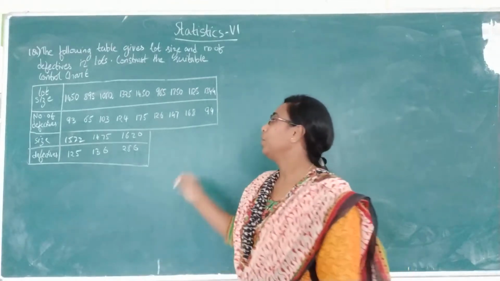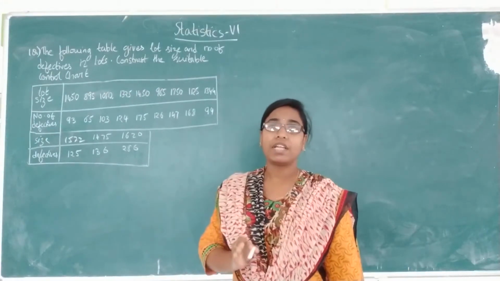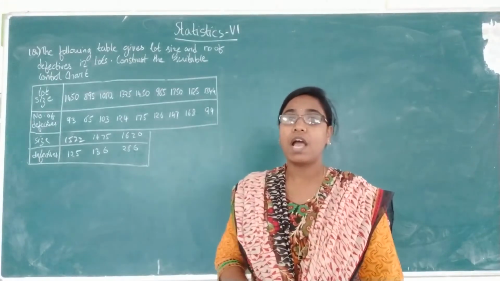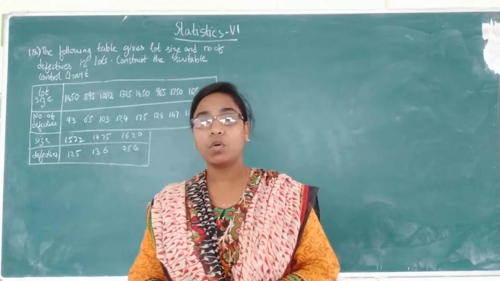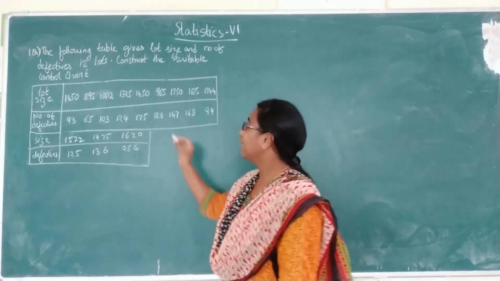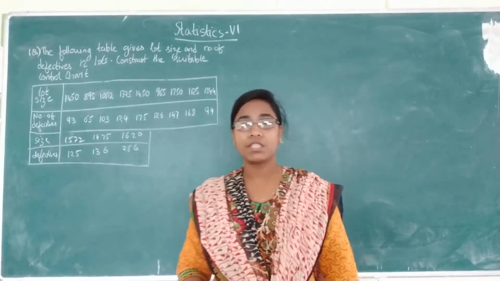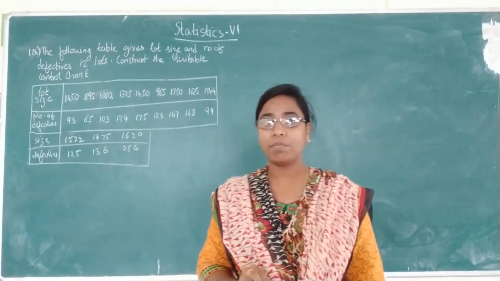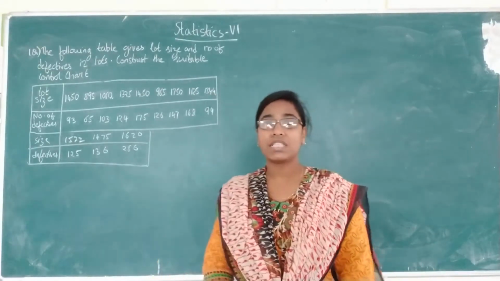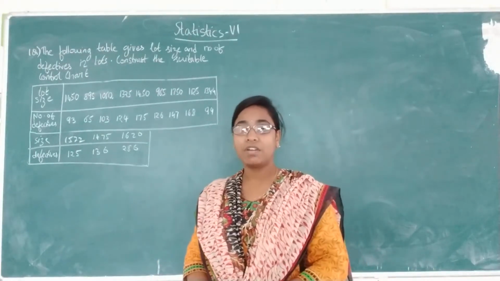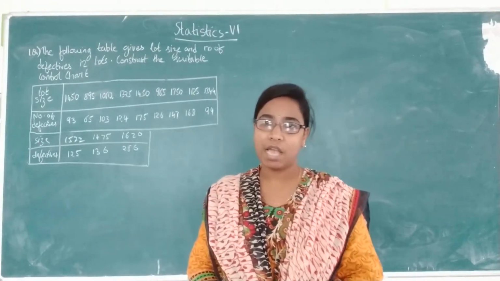Here I am going to construct the P chart, that is the chart for proportion of defectives. Different sample sizes are given, the sample size is not constant throughout all the samples, so we have to construct the P chart for varying sample size.